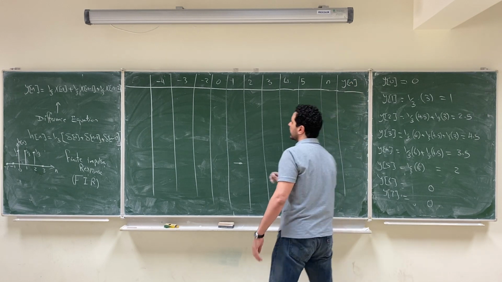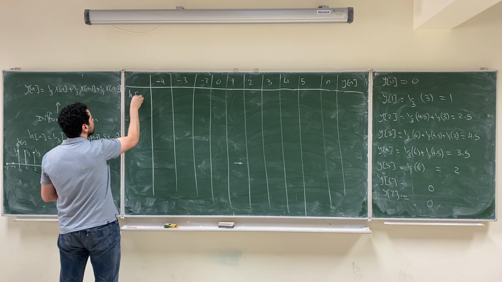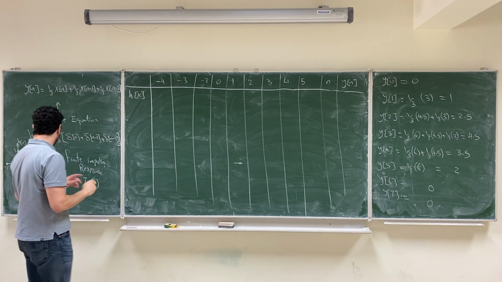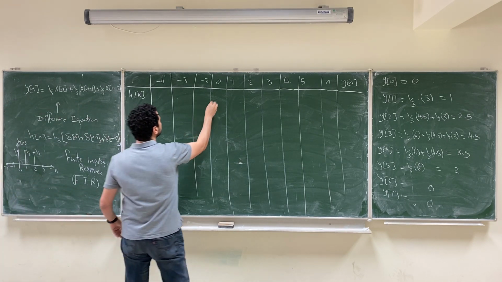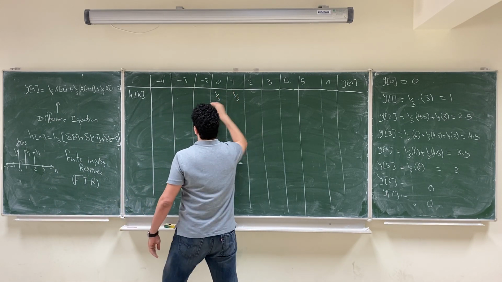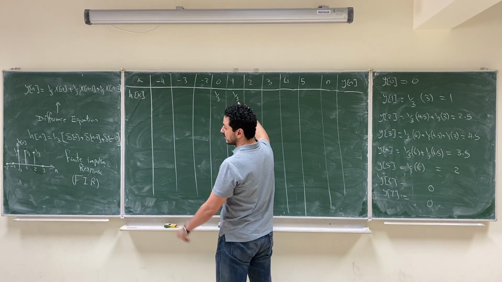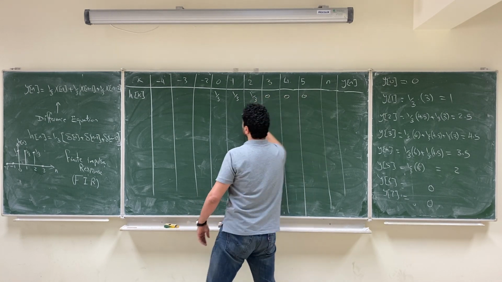In the first row you write h of k, which is 1/3 at k equals 0, 1/3 at k equals 1, and 1/3 at k equals 2, and then zeros.